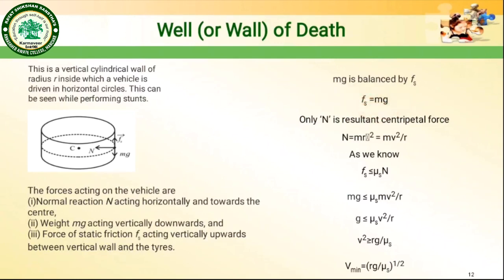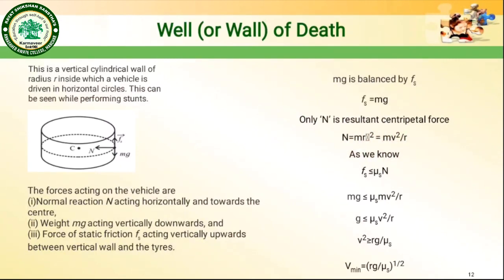Only N is the resultant centripetal force, so here N is equal to m r omega square, or we can write this as N is equal to mv square upon r.